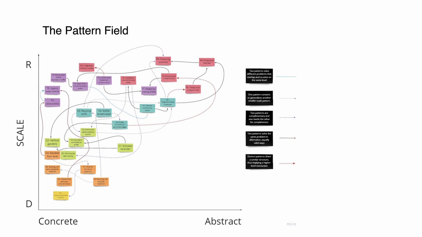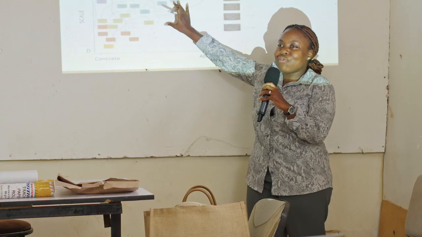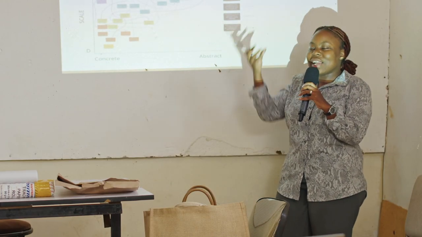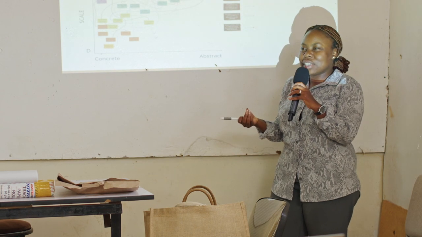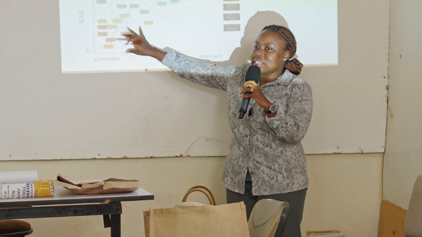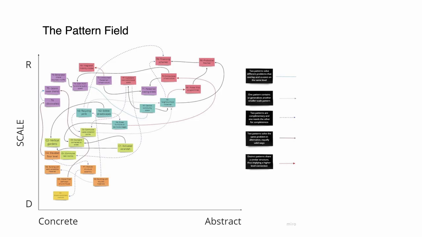That's not a bad thing. However, how do you implement these patterns if all of them are intangible and at a very high scale? Patterns down here are easier to implement. It's a thing, and at this scale we can do this. And then we know that it's still feeding back to a pattern at the larger scale.